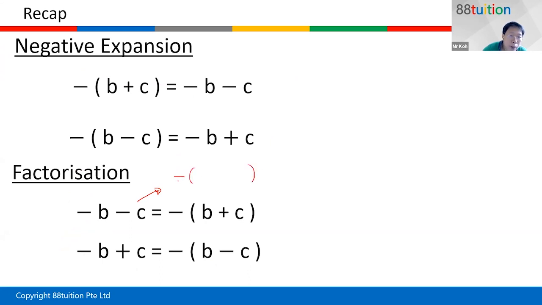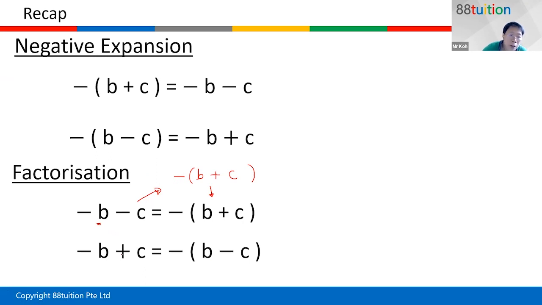When you take out a negative sign and multiply by something, you need to get back to what you have originally. The next one, negative times what gives a negative, has to be a positive, and then a C. And that's how you get the answer. So this is called factorization. You take out the negative sign.